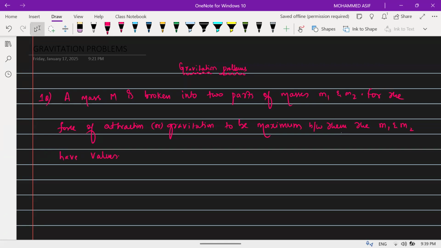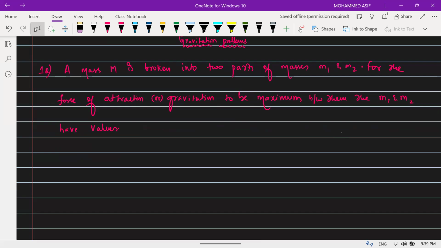Mass of capital M is broken into two parts of masses M1 and M2. For the force of attraction or gravitation to be maximum between them, the M1 and M2 should have what values? First option is M1 equals M by 3 and M2 equals 2M divided by 3.